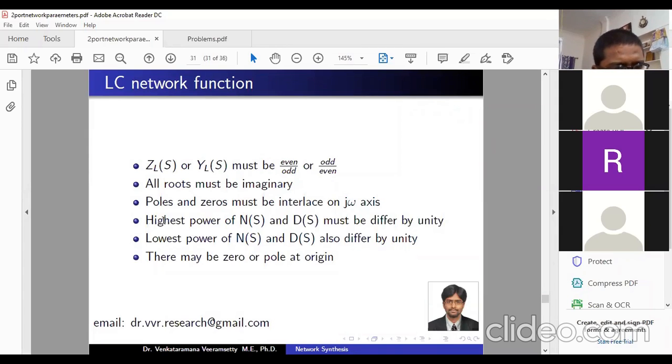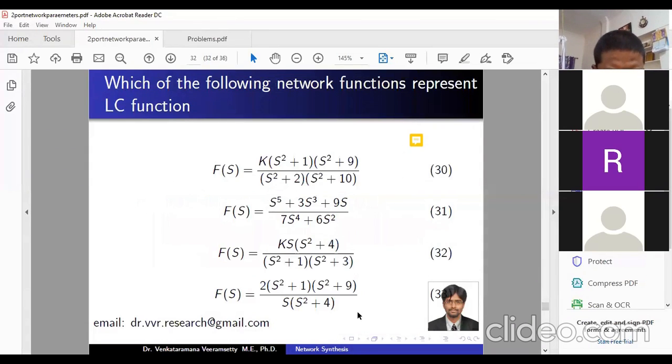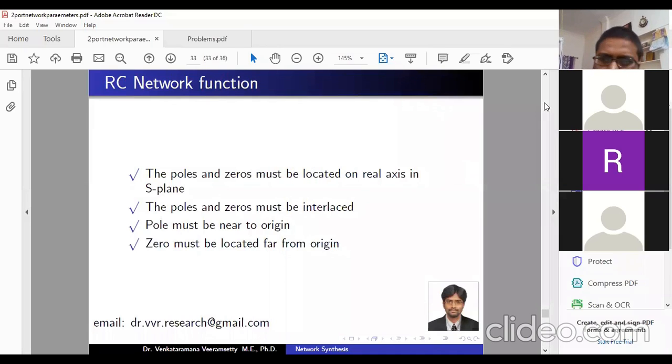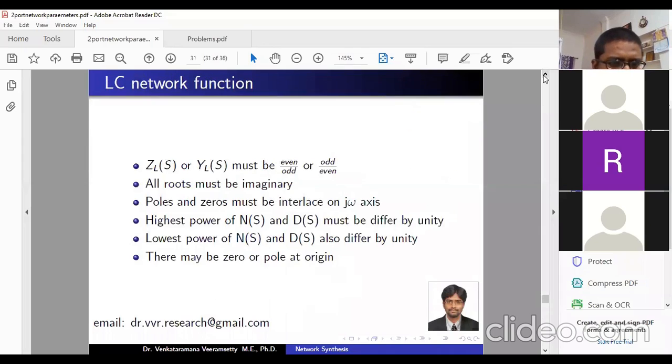Now we will check: the highest powers of the numerator and denominator must differ by unity. The highest power here is 5 and here 4, so they differ by 1, and the lowest degree here is 1, here 2, that also differs by 1. So those two conditions are also satisfied. Now we need to calculate the roots.